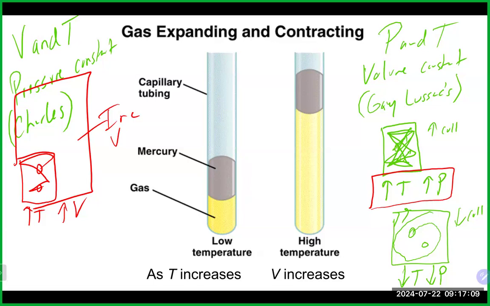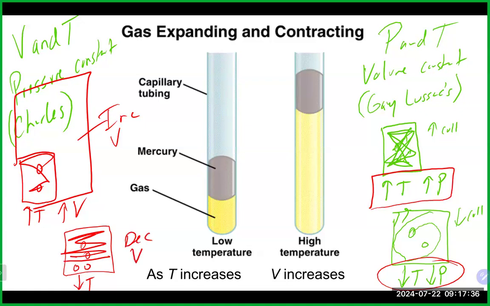The opposite is true if we take that same situation and decrease the temperature. Our gas molecules are going to move around a lot slower. And the result of that, as we saw over here, is that if the volume stays the same, the pressure will start to drop. So what happens in this situation is, frankly, we squish everybody down, and we see a decrease in the volume; the volume will go down.